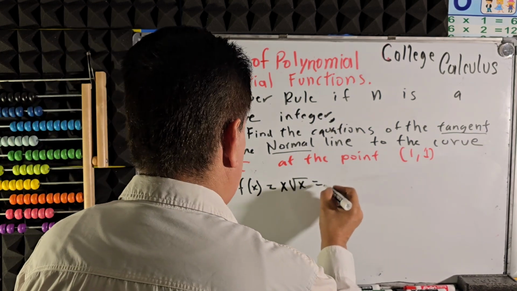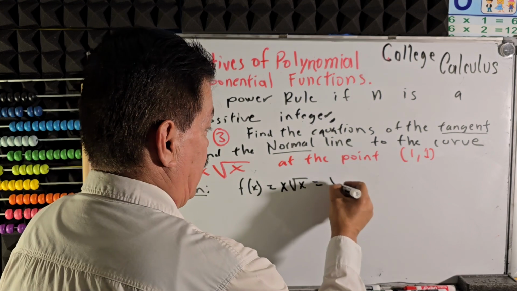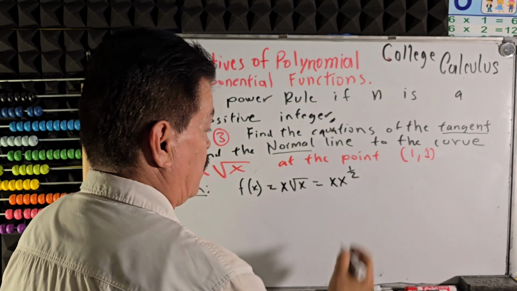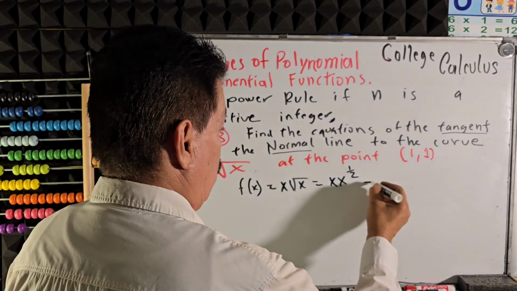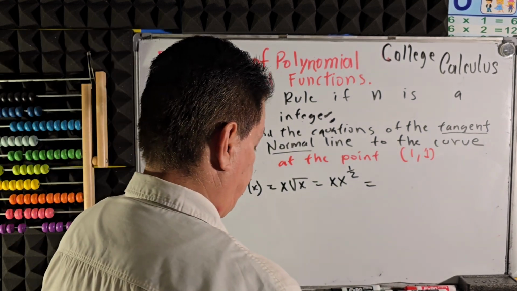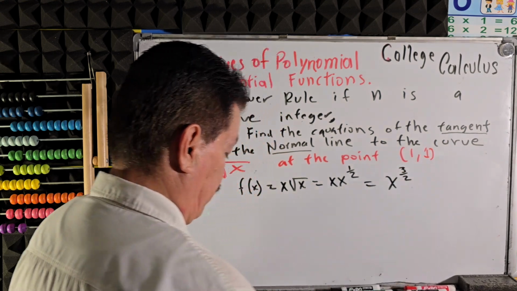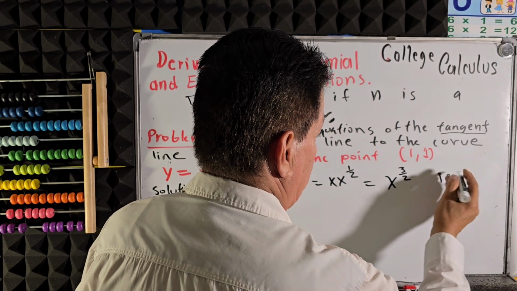This will be equals, we change it, x times x to the one half power, so equals x to the 3 half power.